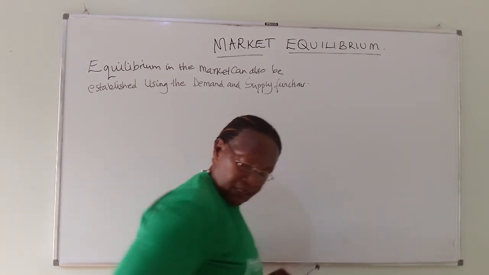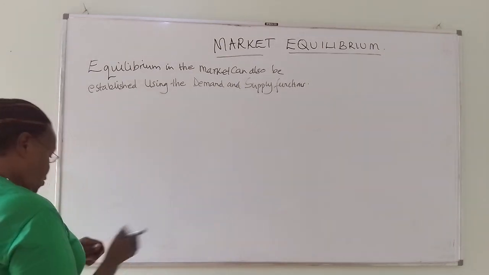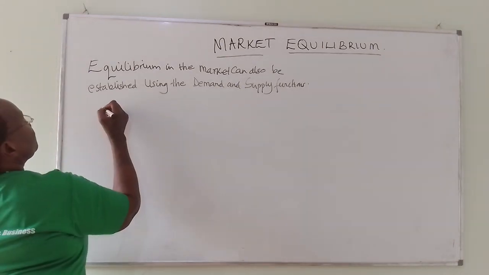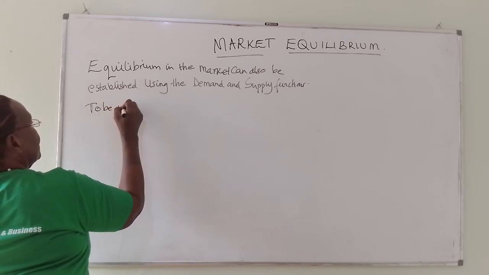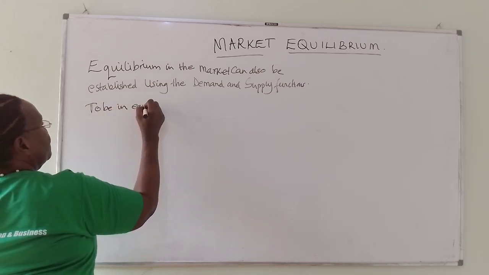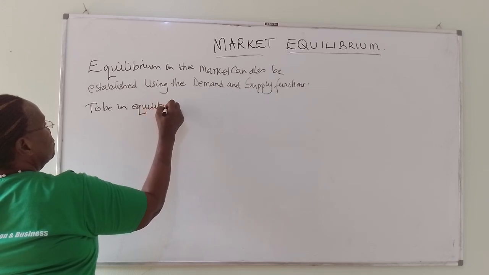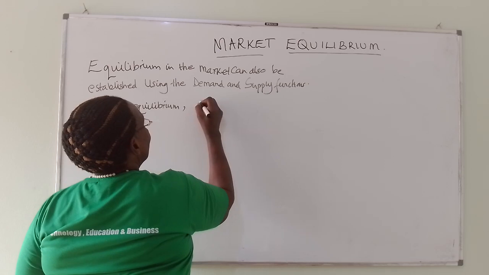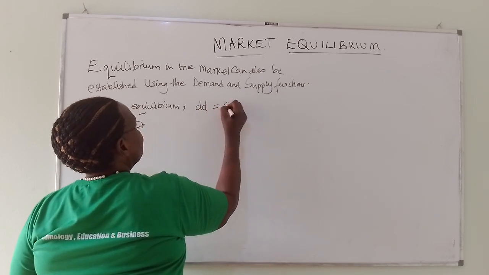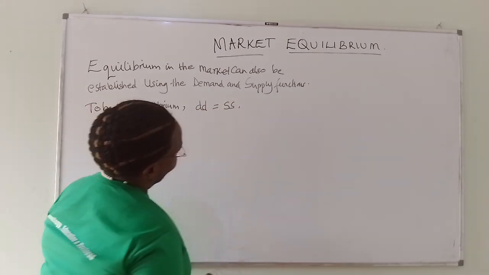We have already seen that for a function to be in equilibrium, demand should be equal to supply.